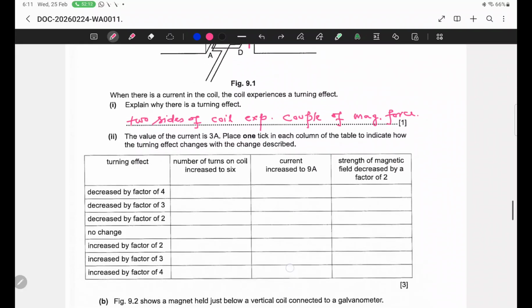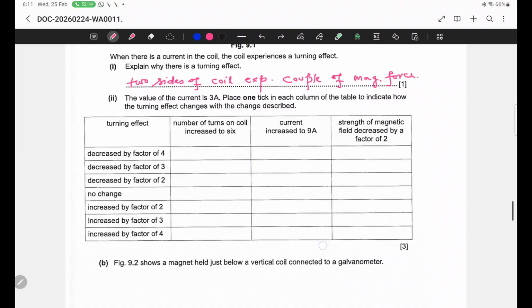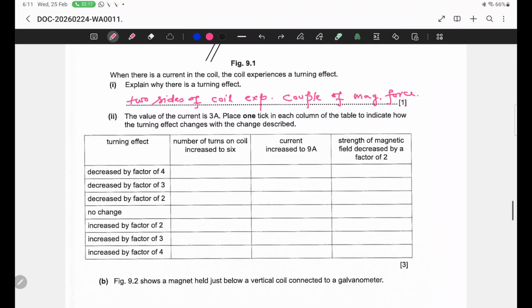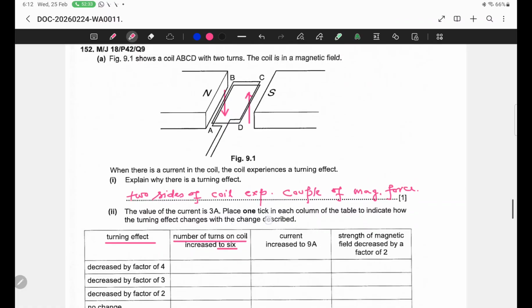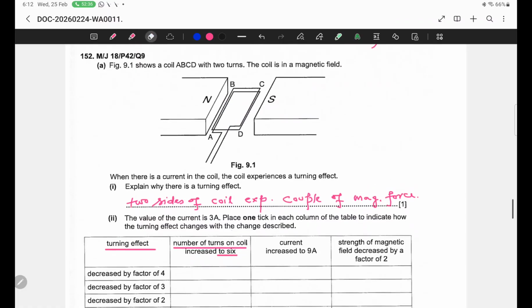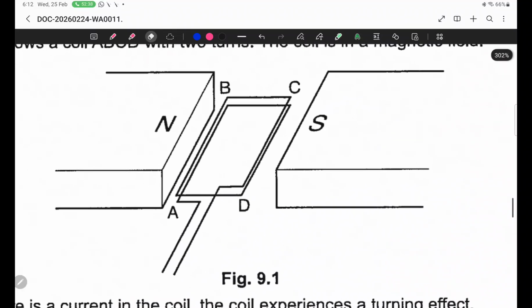And now, you are given a table, and I am explaining what we have to do. The question is, what will change in the turning effect if we increase the number of turns to 6? Atif, can you count how many turns are in the given figure?